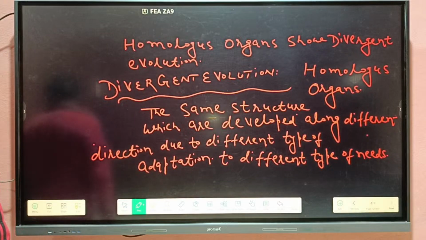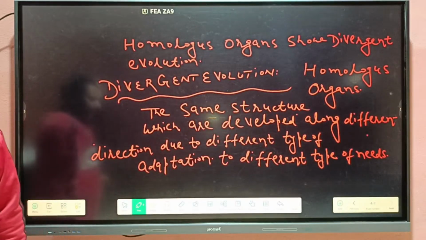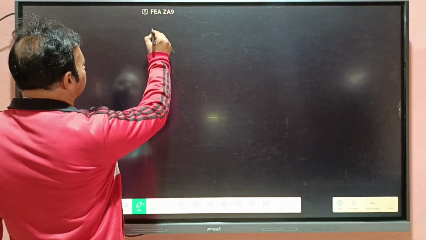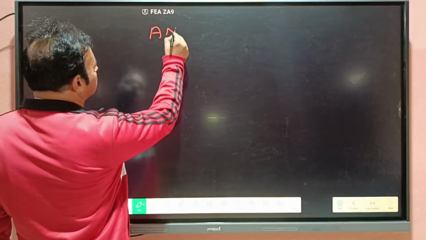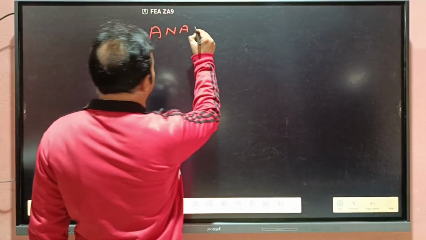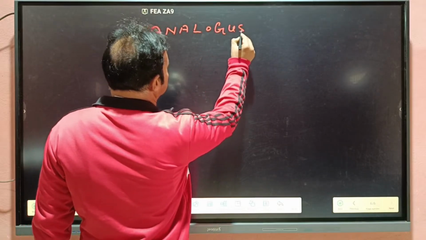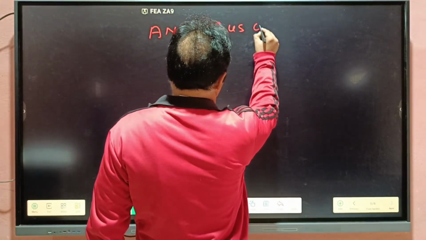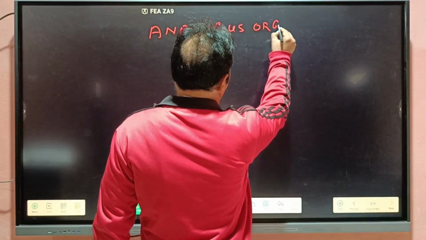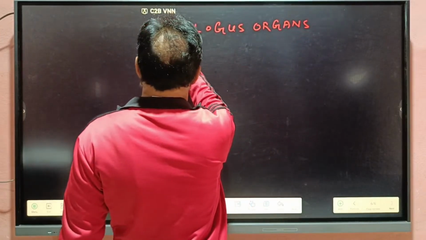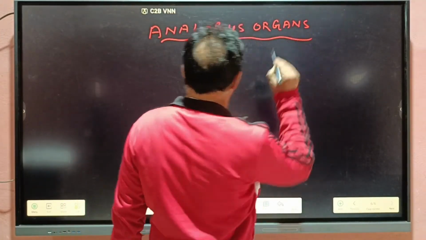The other is the analogous organ. What are the analogous organs? How will you define the analogous organs?